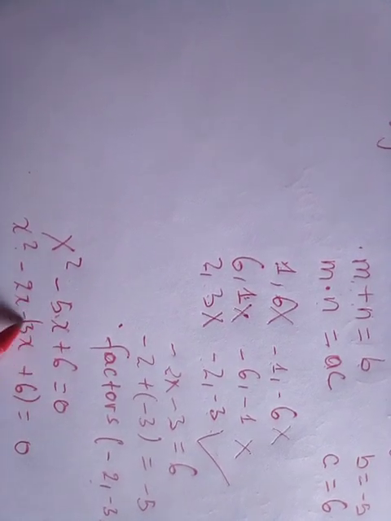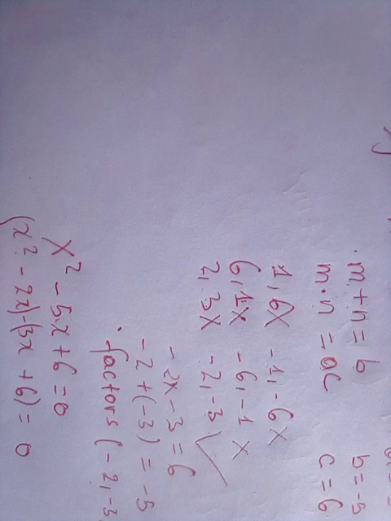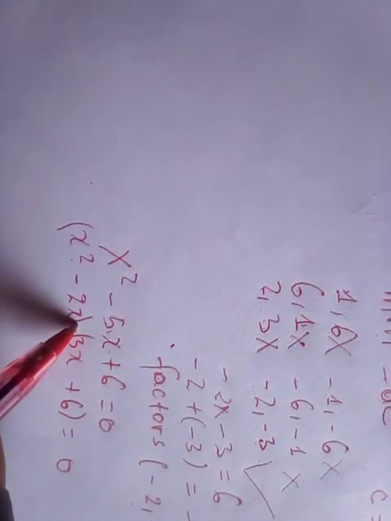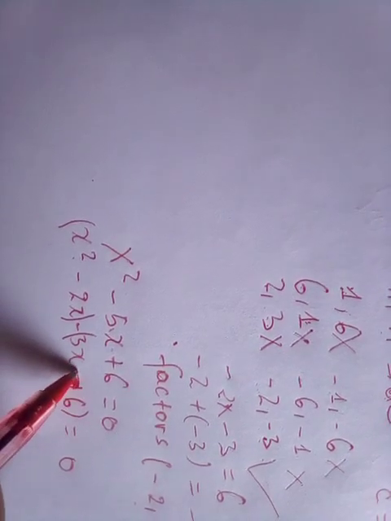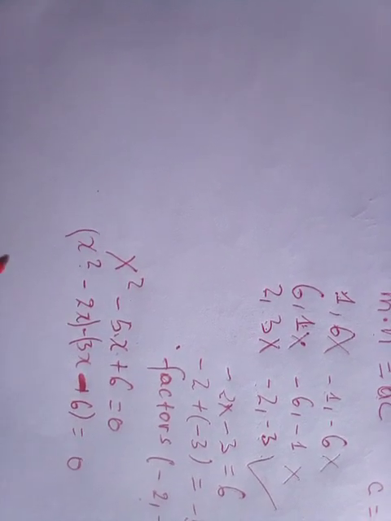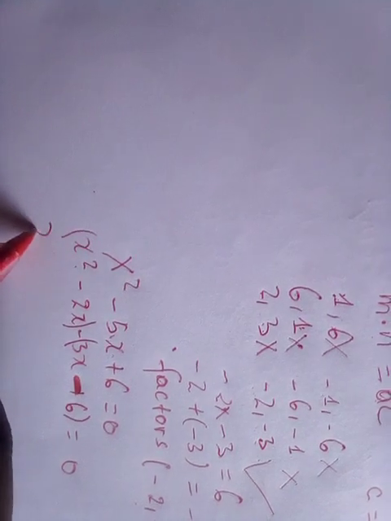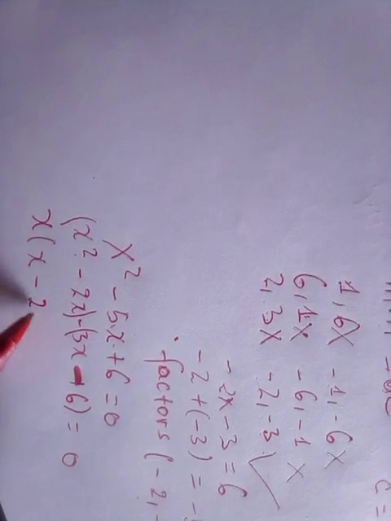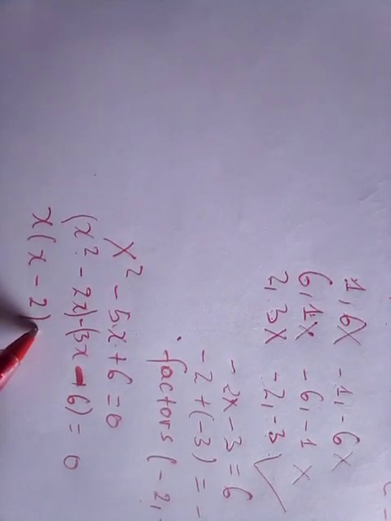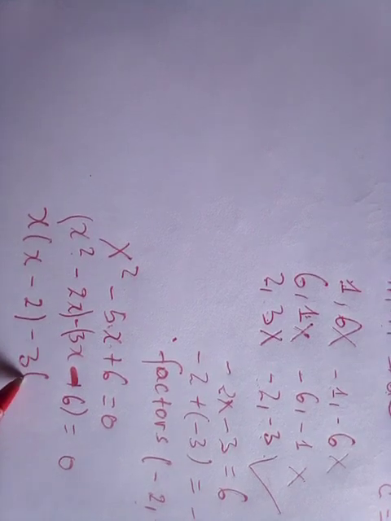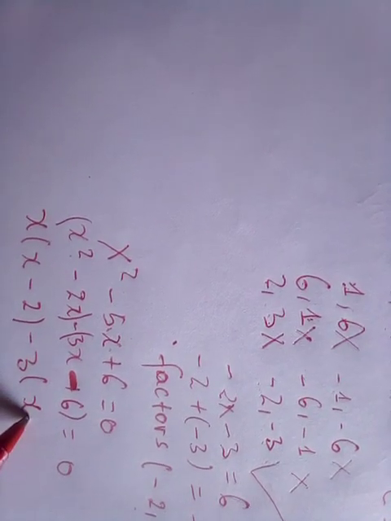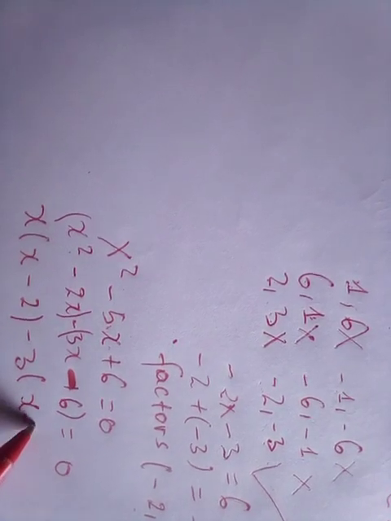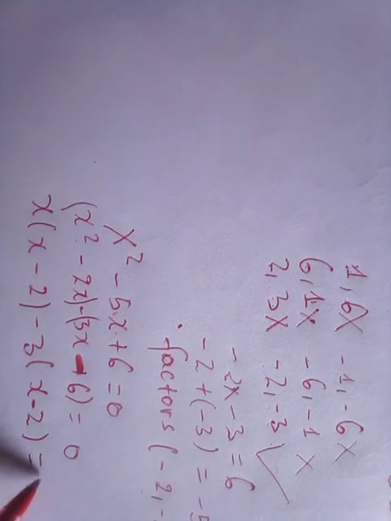Then we do grouping individually. Here, when you have a negative sign, the sign has been changed. So you have to factorize x minus 2, and here factorize 3, then x minus 2 also goes to 0.